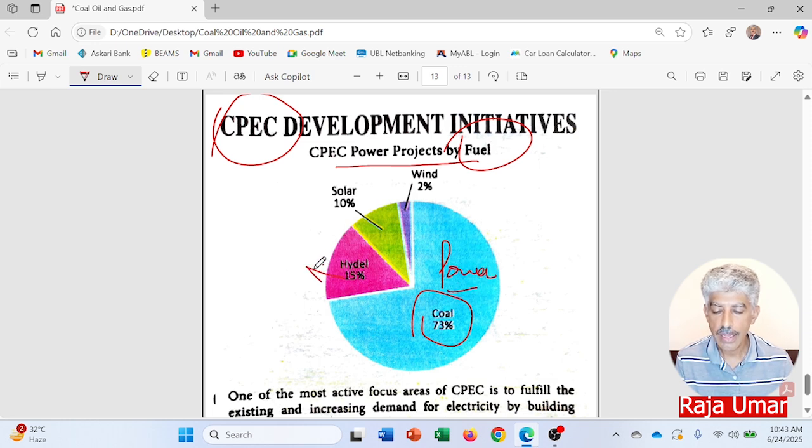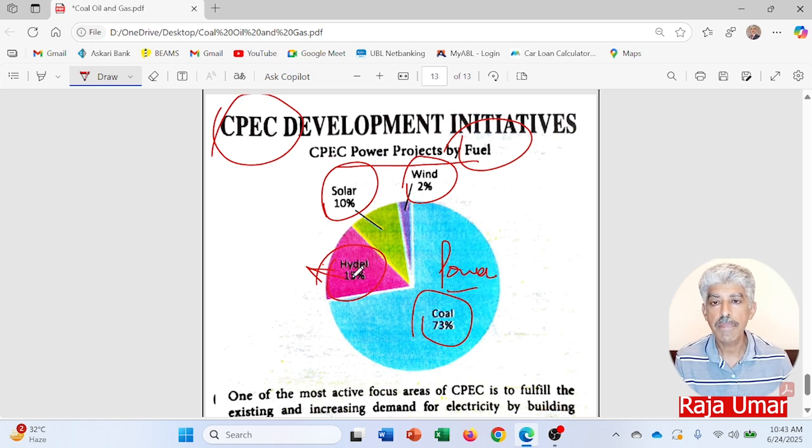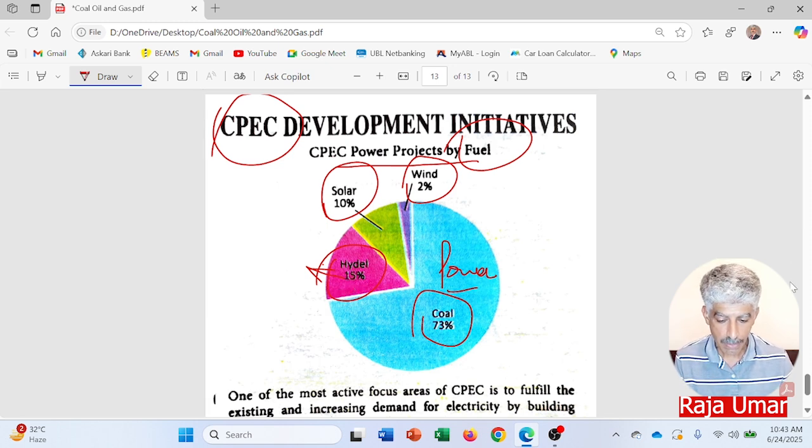Then hydel in the northern areas of Pakistan would comprise 15%, solar 10%, and wind power 2%. So this is how they will produce power to run the industry established under the flag of CPEC.